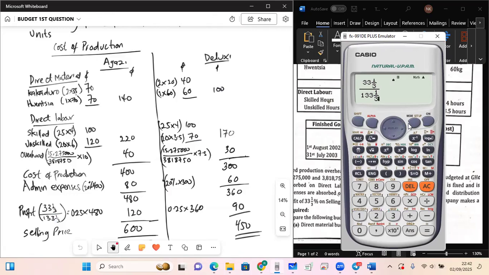Right. Then you multiply it by the cost, the total cost you're having here.